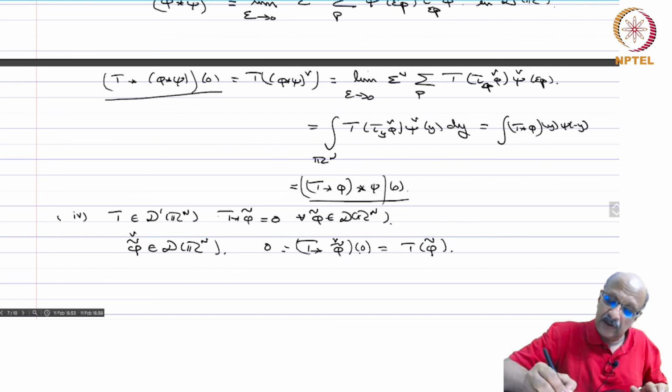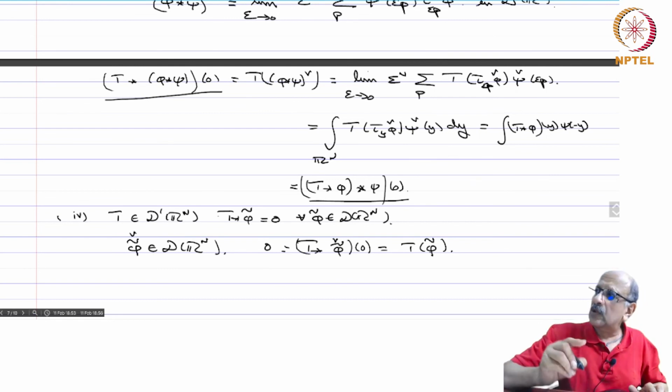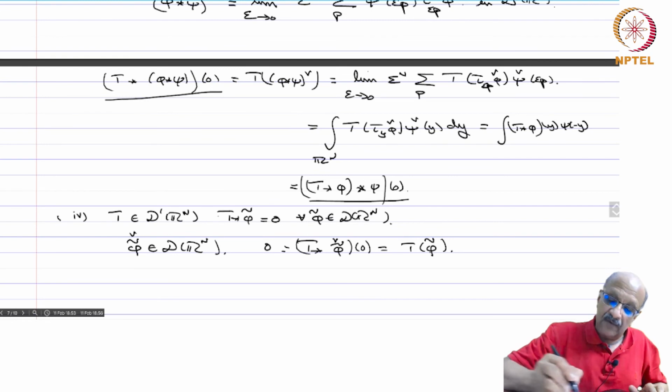So it is in particular 0 at 0, and that is precisely the formula, since tau 0 is the identity and you have to take chesh twice, and therefore you get T of phi tilde. So this means for every phi tilde you have T of phi tilde equal to 0, and therefore T is identically 0. So this shows the thing. Now we will continue with this next time.